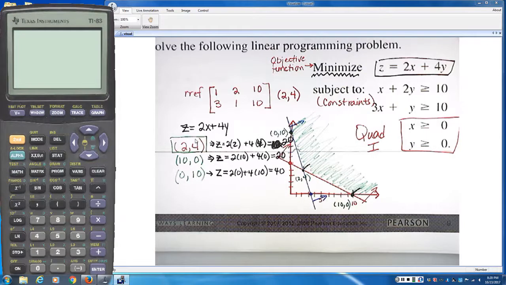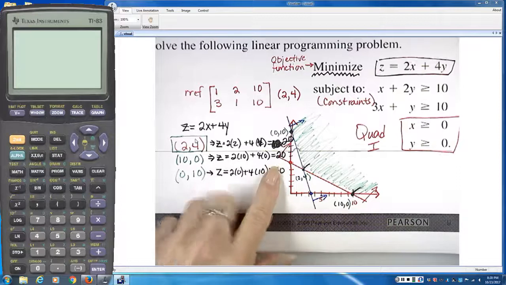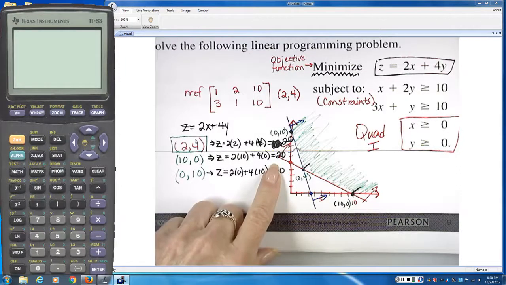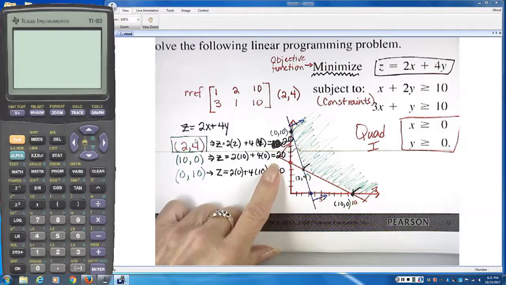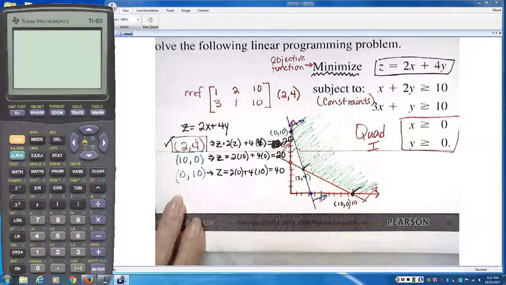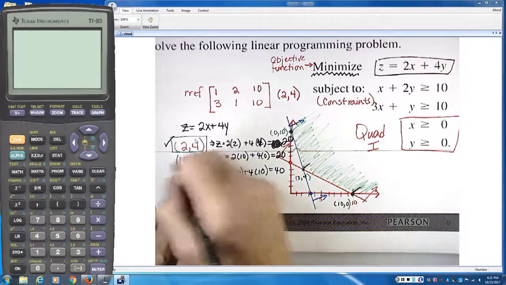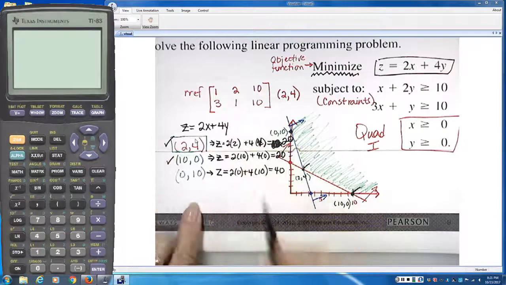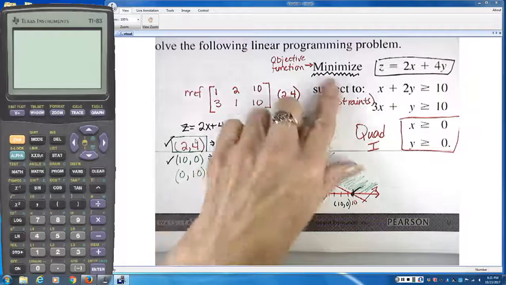So it is possible to have two minimum values, but it's because they're identical. Okay? So you can minimize your objective function with 2, 4 or with 10, 0, but not with this one because it's too big. We're trying to find the smallest.